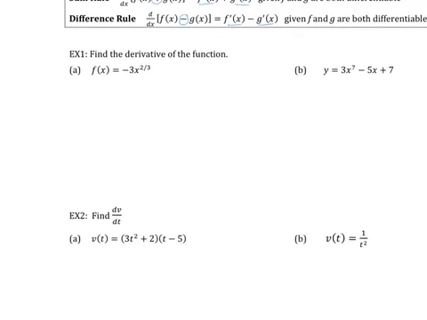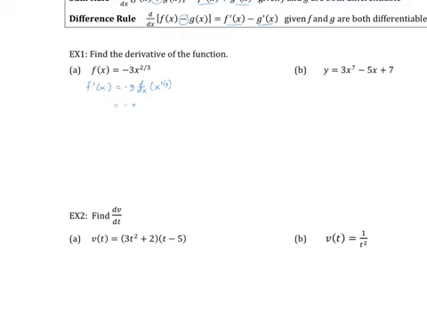If we were going to find the derivative, in example 1a, of f of x equal to negative 3x to the 2/3, then I can take that negative 3, which is a constant, out in front, and then just take the derivative with respect to x of x to the 2/3.